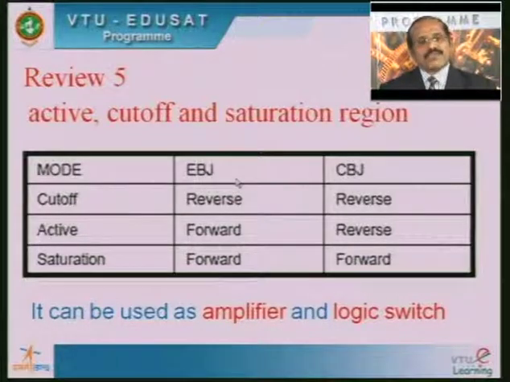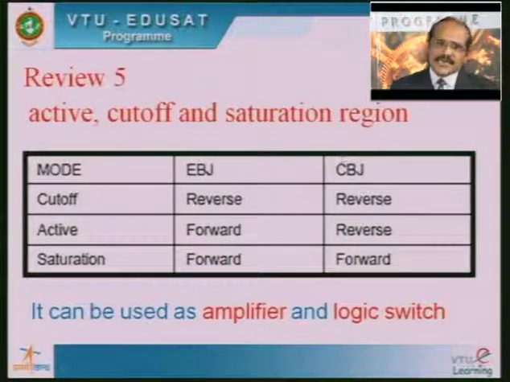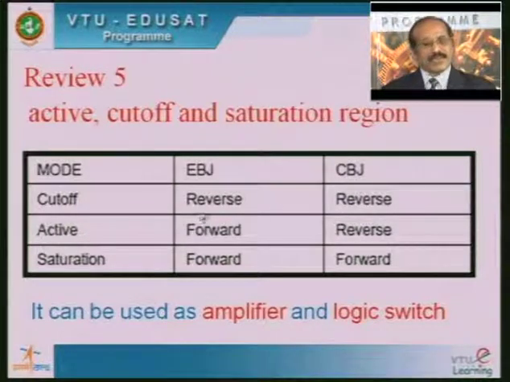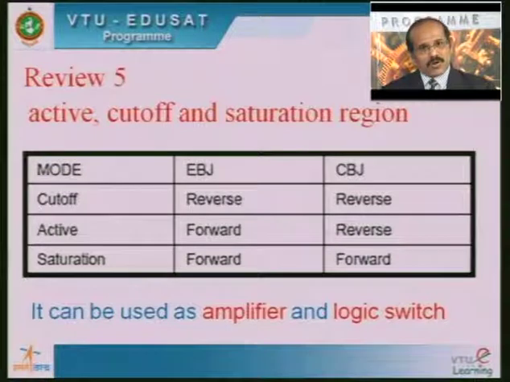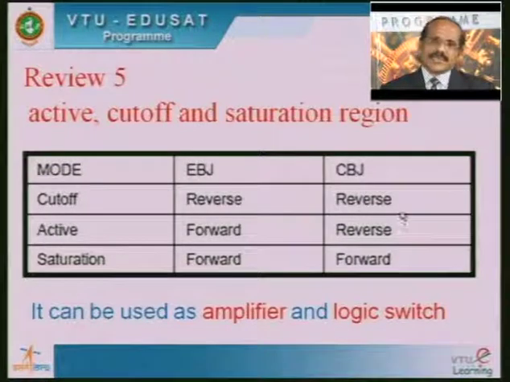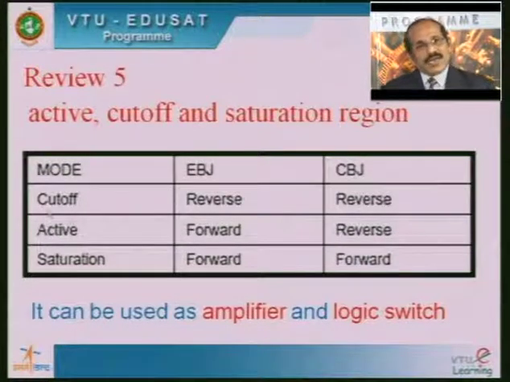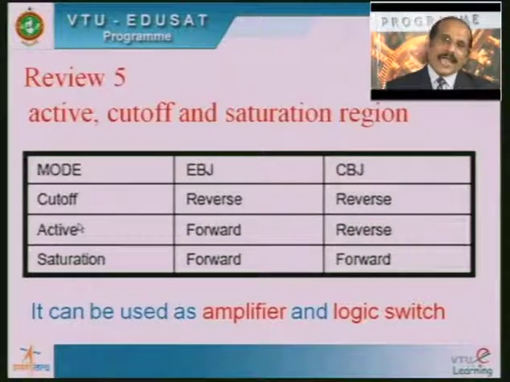If both junctions, the emitter base junction and collector base junction, are reverse biased, then the transistor is said to be in the cutoff region. If both junctions are forward biased, then the transistor is said to be in the saturation region. If the emitter base junction, called the input junction, is forward biased and the collector base junction is reverse biased, then the transistor is said to be in the active region.